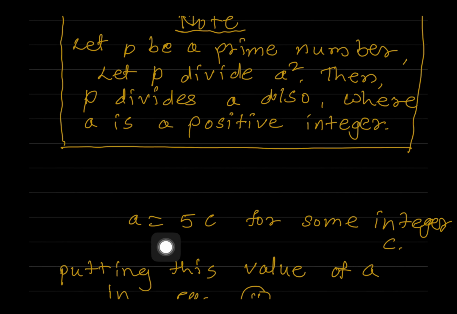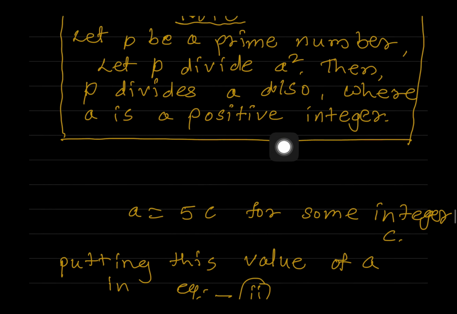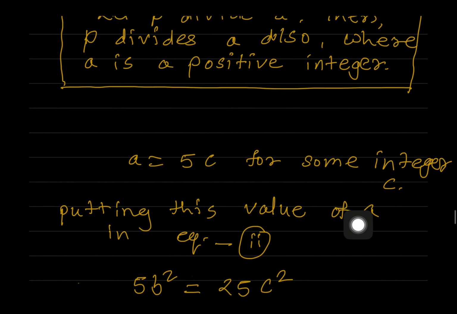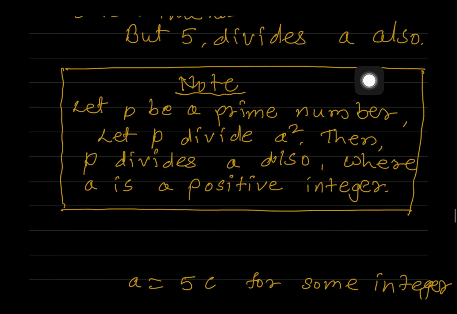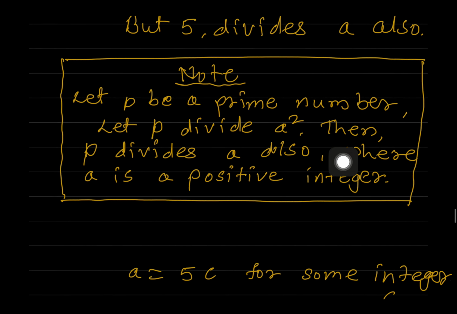Now see here, a equals 5c for some integer c. Here c is also an integer, so a equals 5c. Putting this value of a in equation 2, which is a square upon 5.